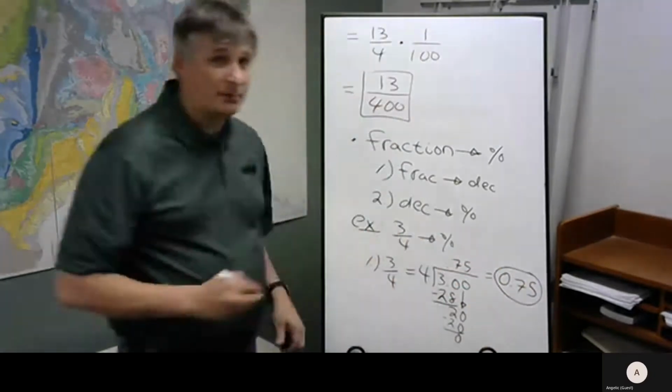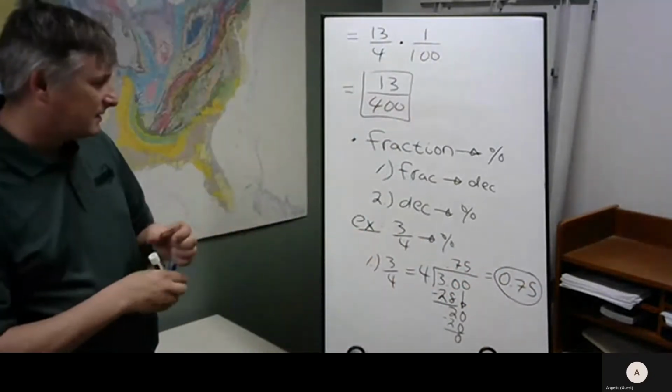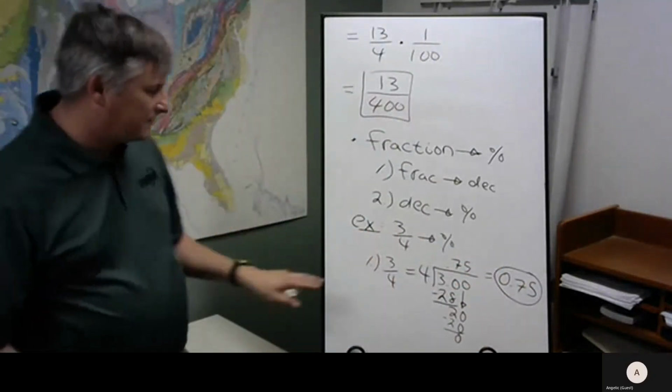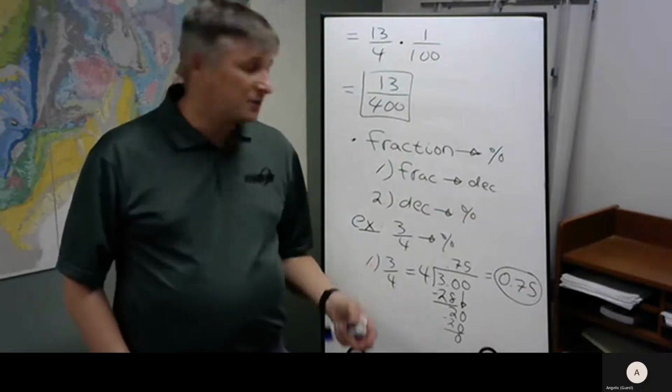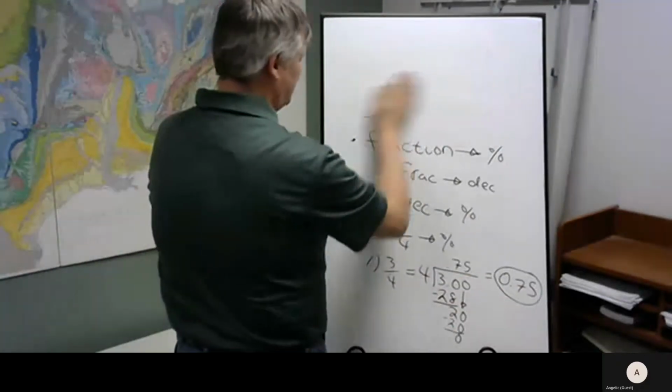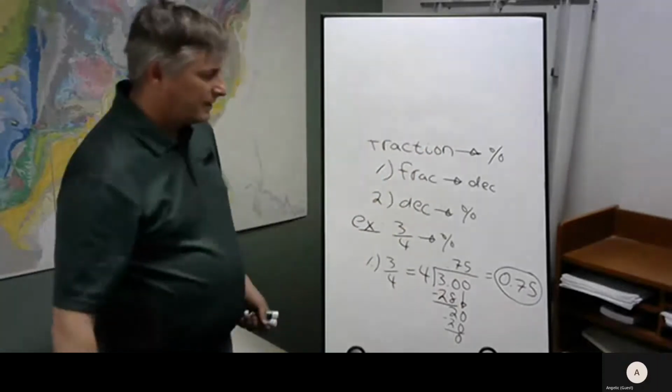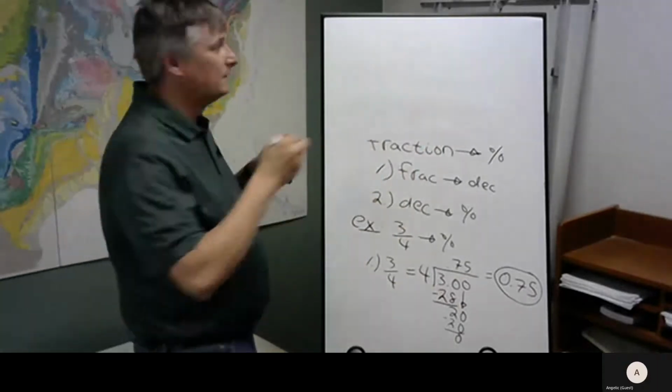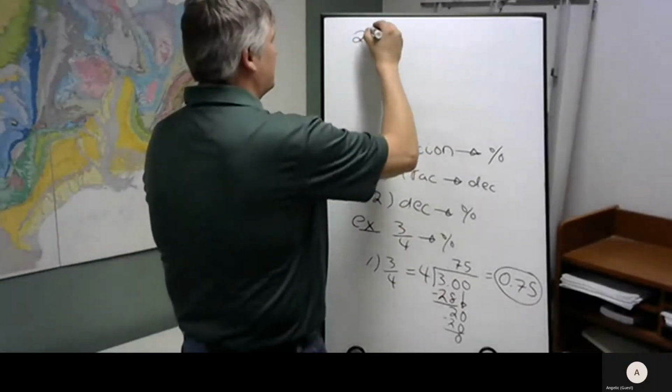I'm just going to circle it. I'm not going to put a box. So that's our first step. We've converted our fraction using division into a decimal. Now we're going to convert our decimal to a percent.